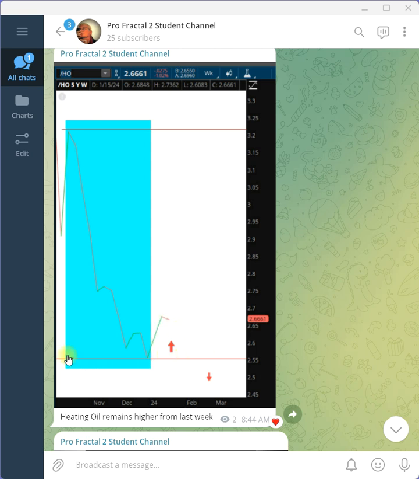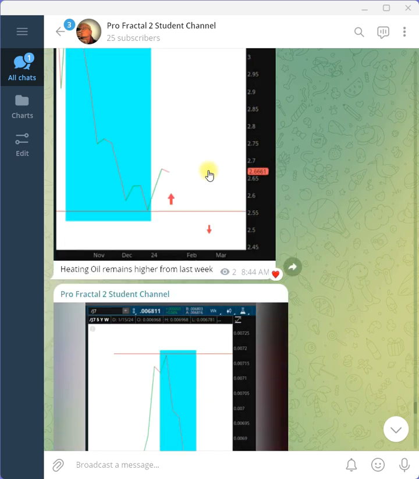Okay, now, when we remain above support here on a weekly chart, we'll probably continue to go up. If we break the bottom here of the fractal, that will be a fractal reversal, meaning it'll go down. All right. So you can use the fractals for long-term forecasting on any market.